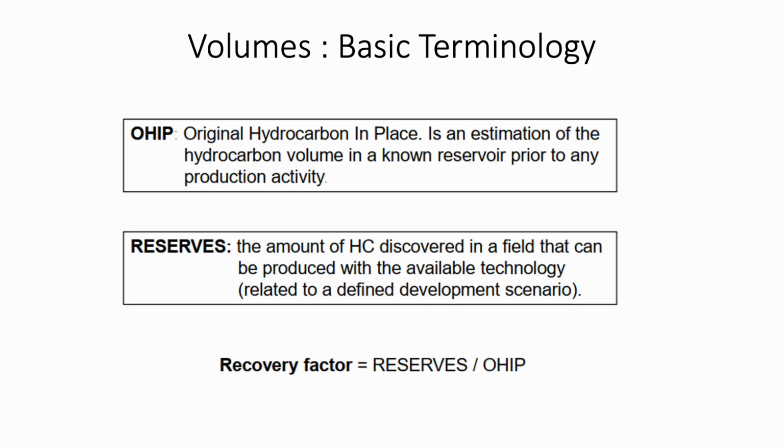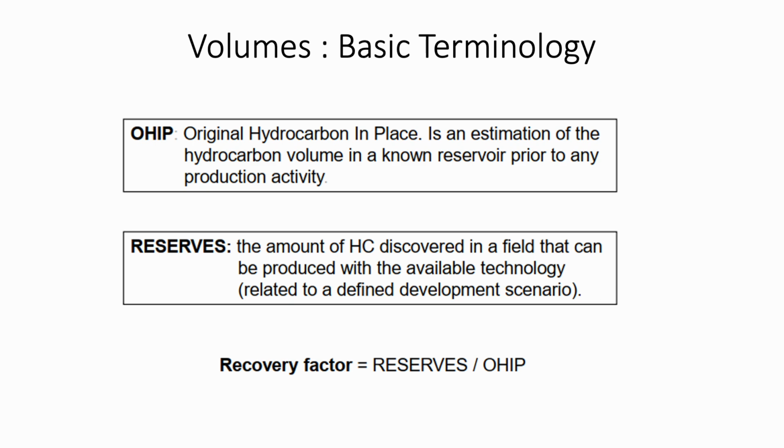Next slide. Understanding key terms in hydrocarbon estimation. First, OHIP, or original hydrocarbon in place. This is the estimated total volume of hydrocarbons in a reservoir before any production begins. Next, reserves. This represents the amount of hydrocarbons that can actually be extracted using current technology under a defined development plan.